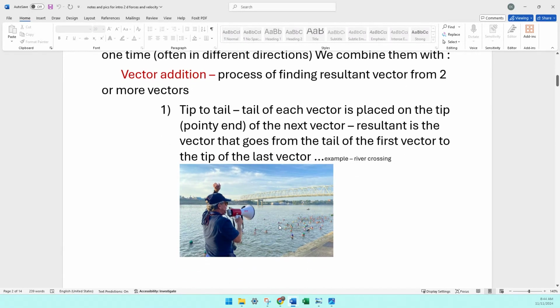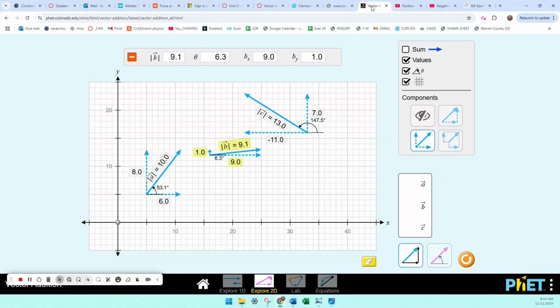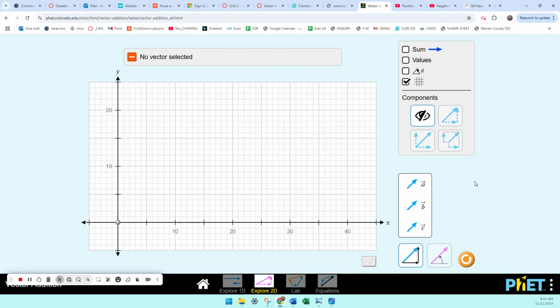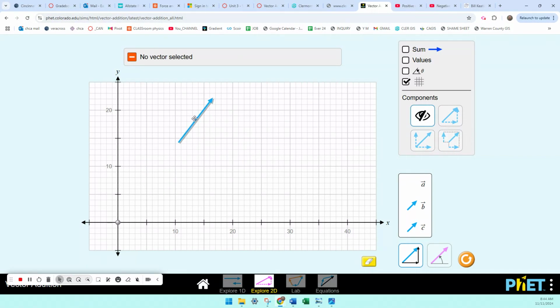We can think about an example might be a river crossing. So if we go over here to our simulation, this helps us think about velocities. Let's pretend there was a river, and let's pretend that it was flowing this way at the speed of 8.